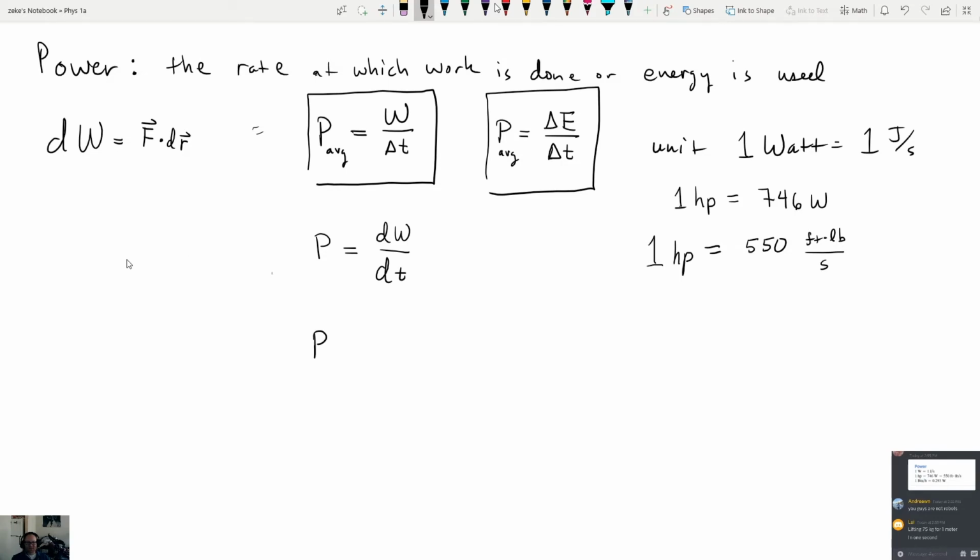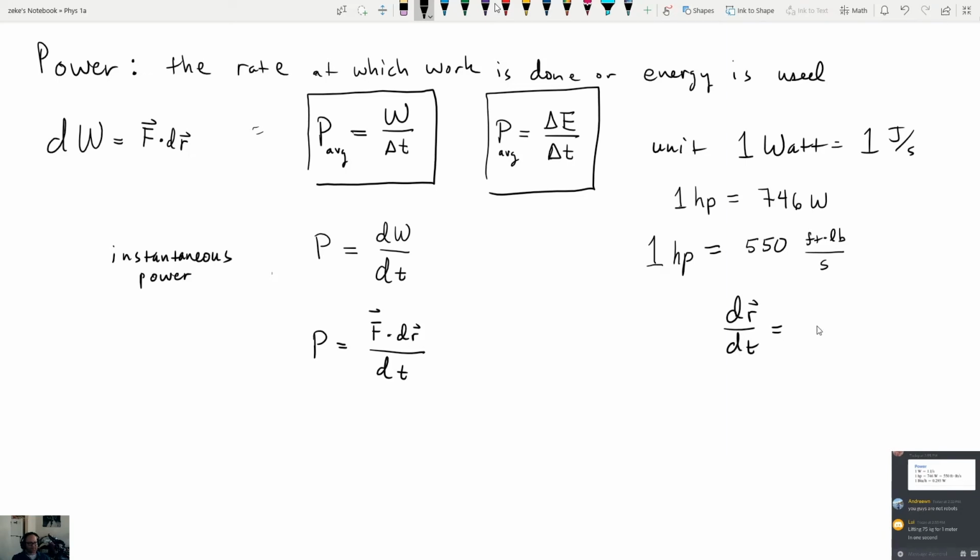So if we replace the dW with F dot dr, then we can look at dr dt. What would this be equal to? r is like a position, and so dr dt would be the rate of change of the position of an object.